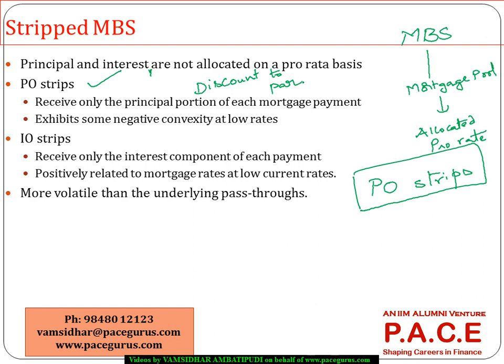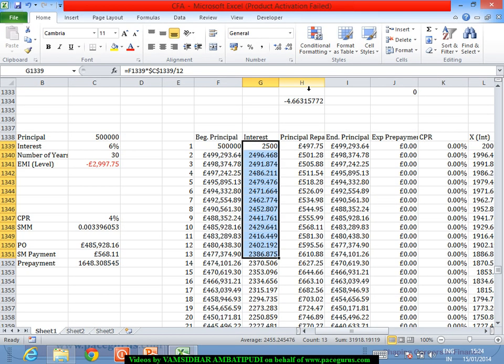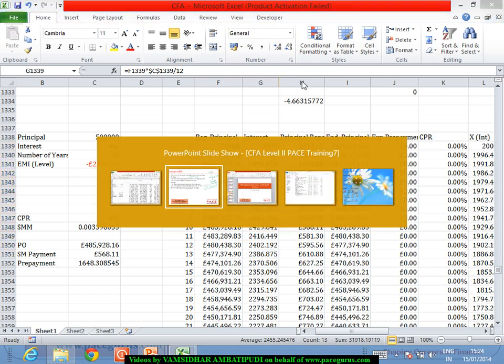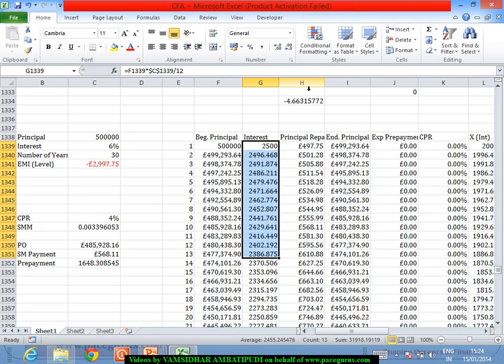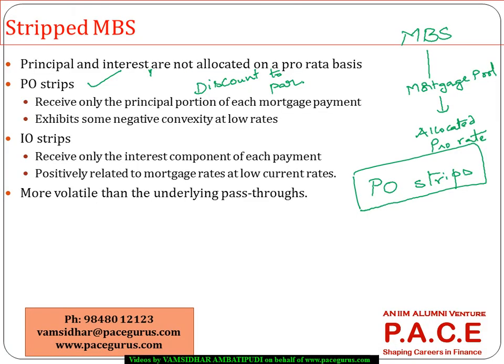Here a person who has invested in the principal only strips is going to receive the entire 500,000 during the entire period. But depending on the prepayment, I have to understand whether he would be receiving it quite early or quite late. That is the differentiator with respect to prepayments.